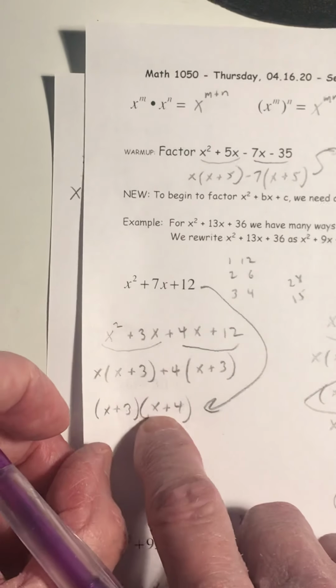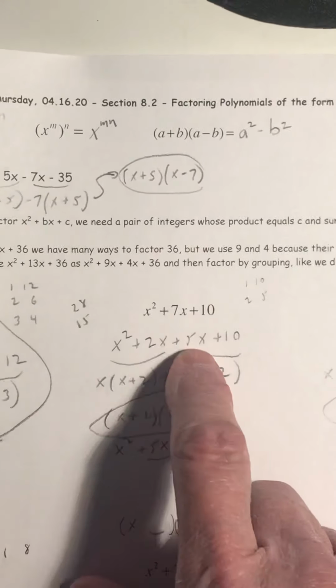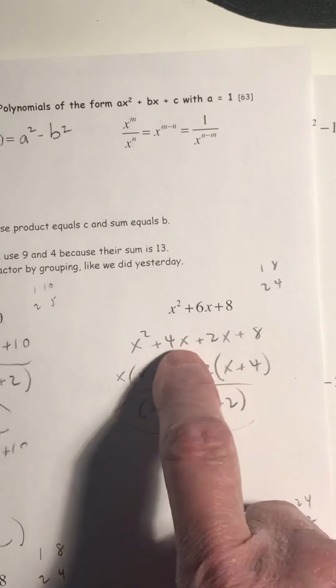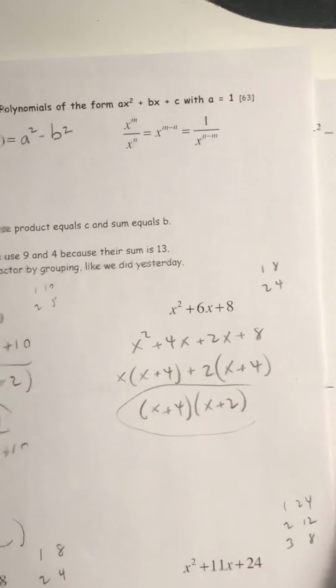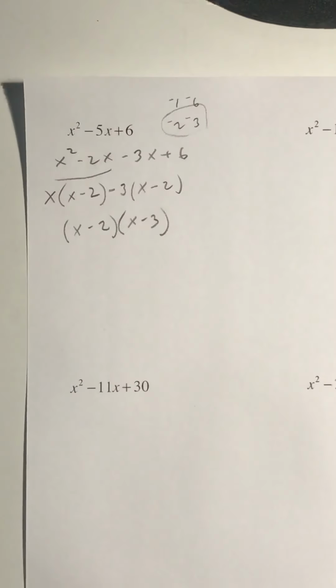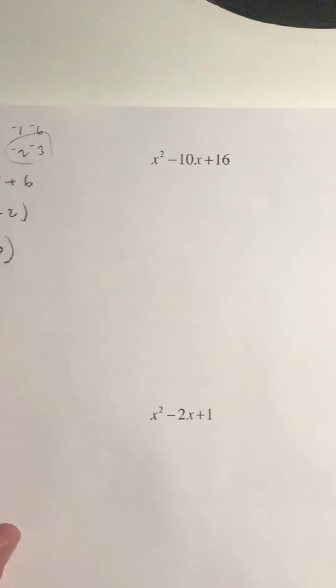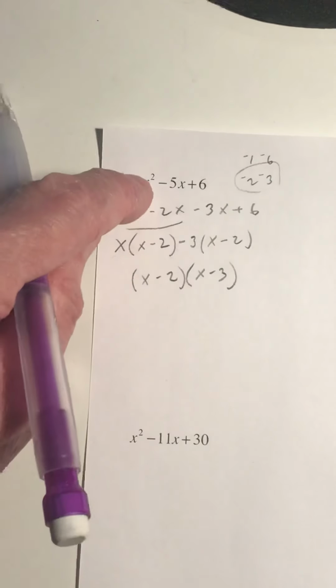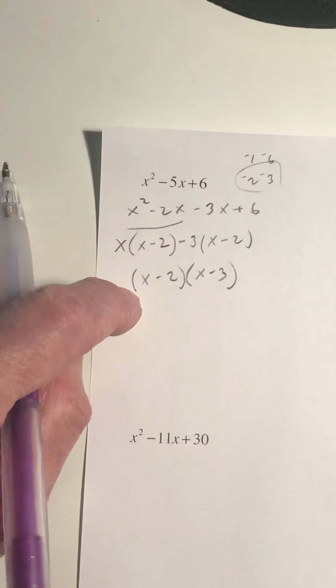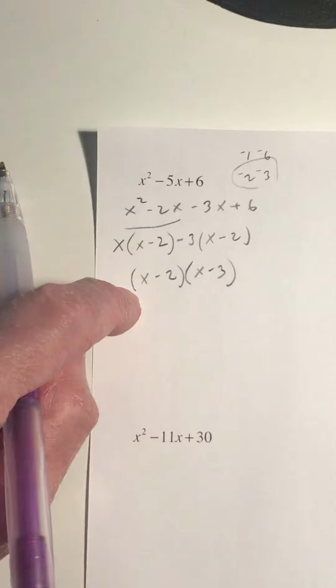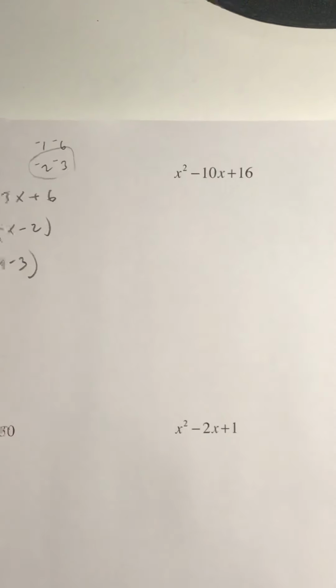Look at our answer, x plus 3, x plus 4. We used 2 and 5, x plus 2, x plus 5. We used 4 and 2, x plus 4, x plus 2. It's not a coincidence. And that's what I meant earlier when I said if you could go from here to here with something you learned years ago, that's fine.